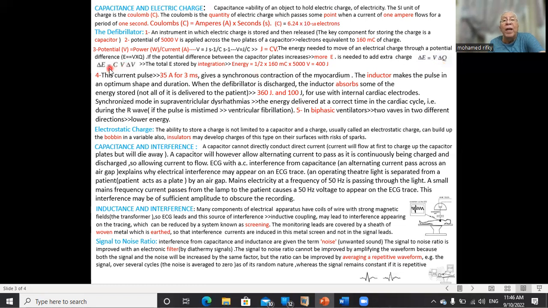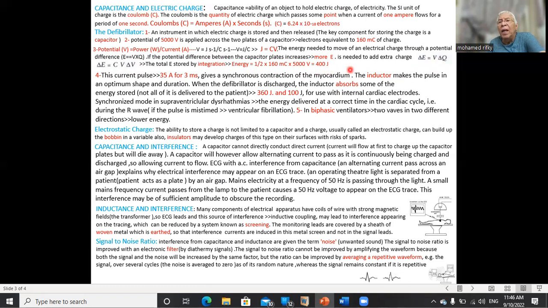Whenever I replace this equation, we reach the final equation, by integration, that the energy equals half times 160 millicoulomb times 5,000 volt, which will yield 400 joule. And this is the amount required during defibrillation.